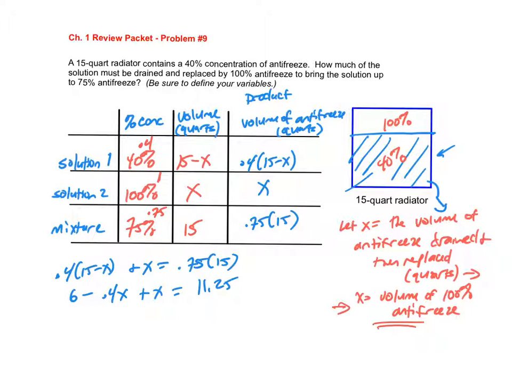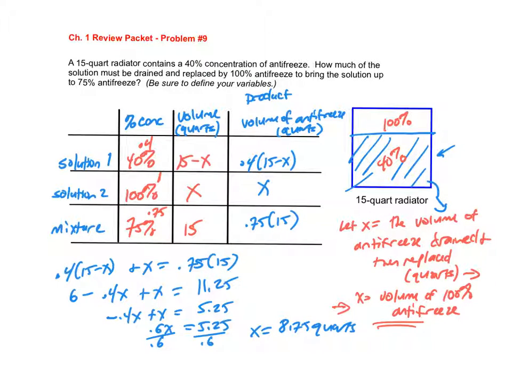Now we'll solve this linear equation. We'll subtract 6 from both sides, and we'll have negative 0.4x plus x equals 5.25. Combining like terms on the left side, we get 0.6x equals 5.25. Dividing both sides by 0.6 gives us that x equals 8.75 quarts.